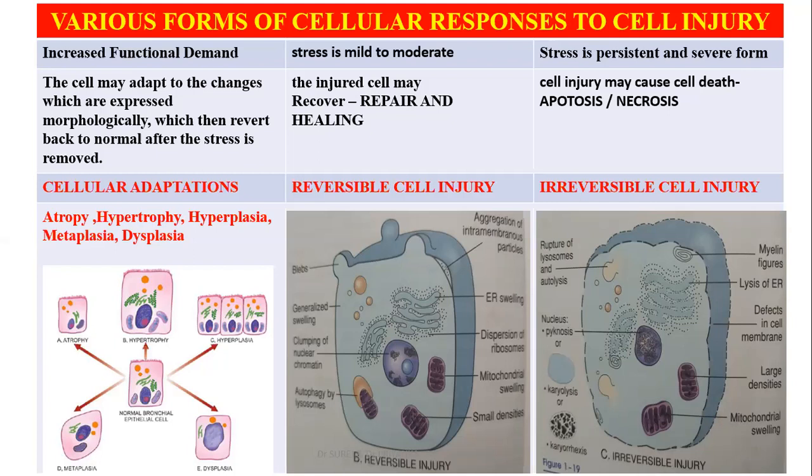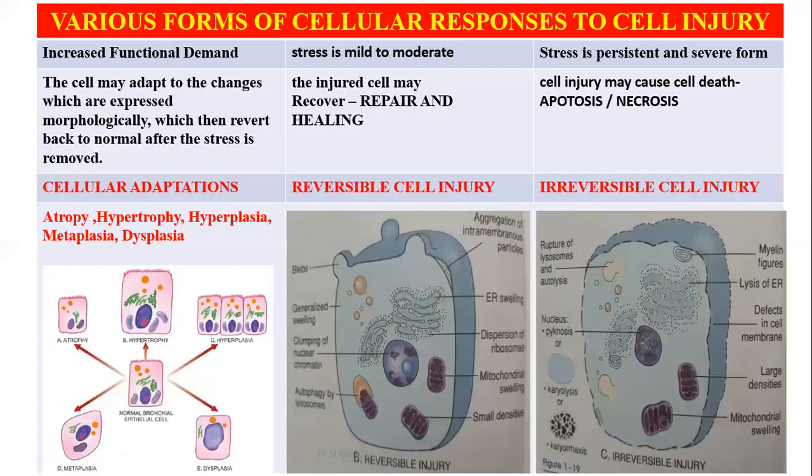The next example is decreased blood flow. For instance, cerebral atrophy occurs due to atherosclerosis of the carotid artery.